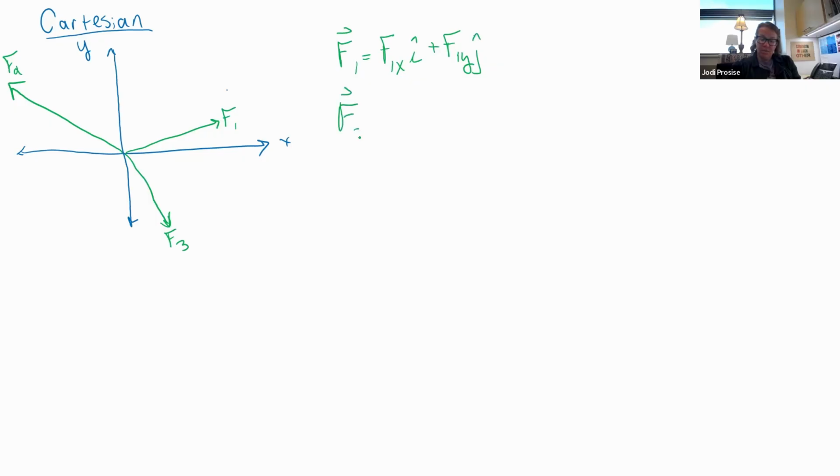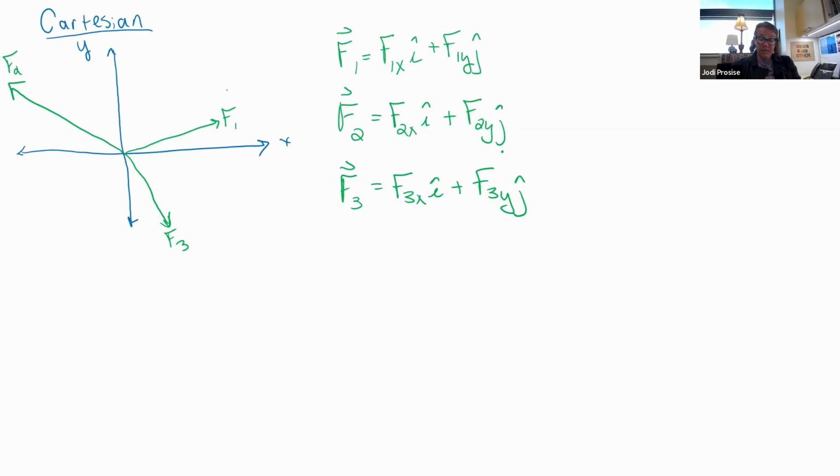And we can define 2 the same way. So we have F2x i hat plus F2y j hat, and F3x i hat plus F3y j hat. So we have each component or chunk or piece of each of these force components defined in our x directions and our y directions.